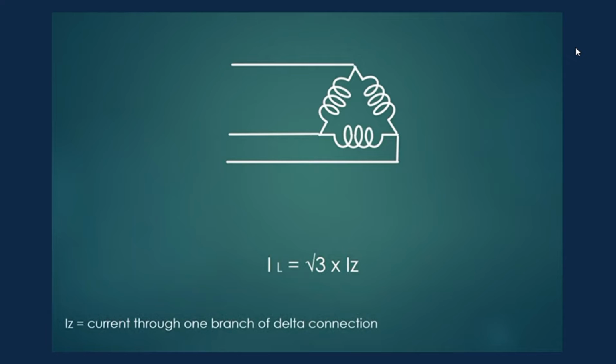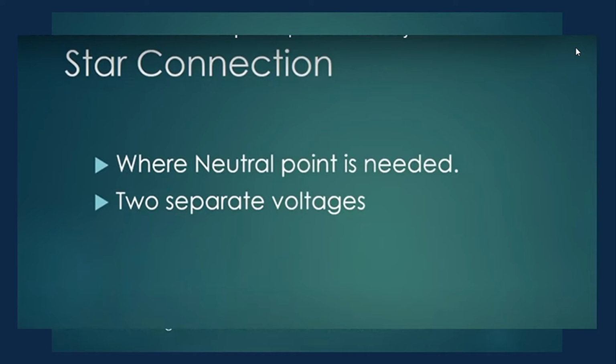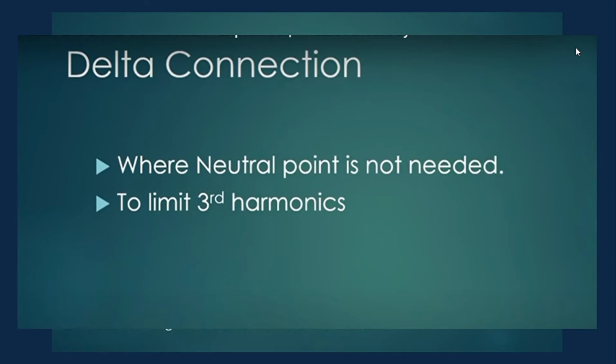Generally, star connection is used where you need a neutral and two separate voltages, like in a distribution system. Delta connection is generally preferred where a neutral conductor is not needed, like for transmission or high voltage power. Also, delta connection is preferred when the third harmonic needs to be controlled. Star and delta connections are almost used everywhere when we talk about three-phase systems.